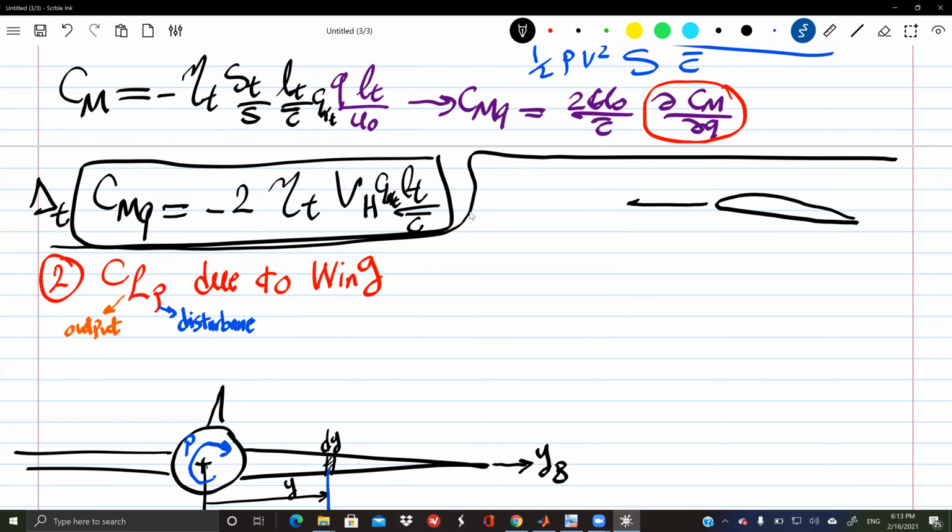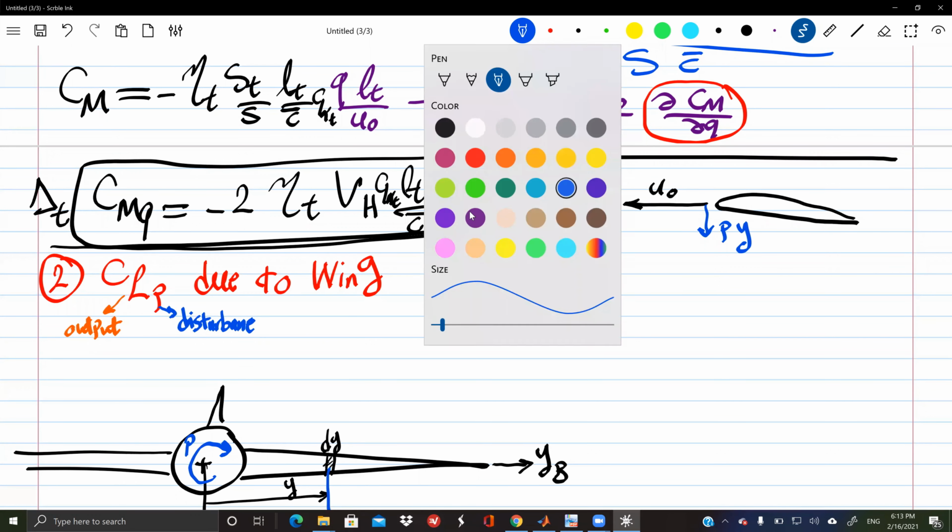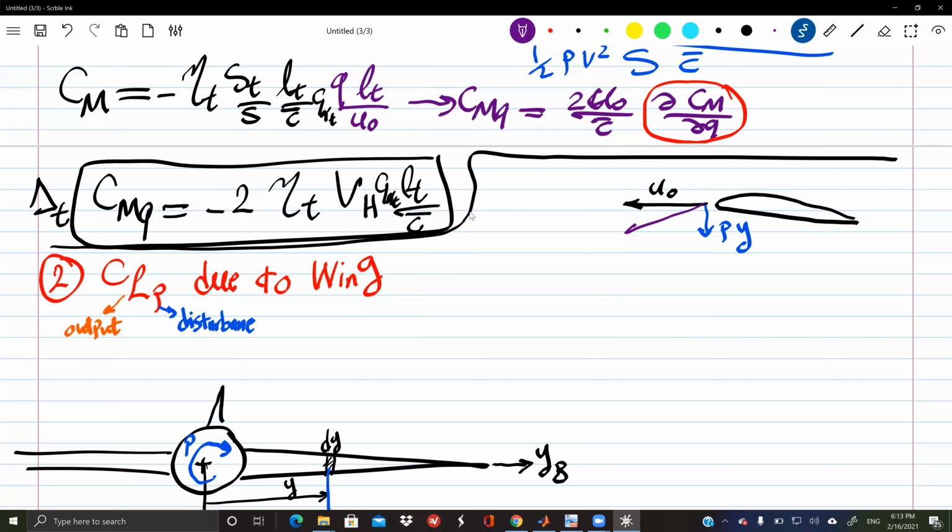It was moving horizontally with a speed u naught. Now I'm adding to it P times y. The result is a change in the angle of attack on the wing, right?